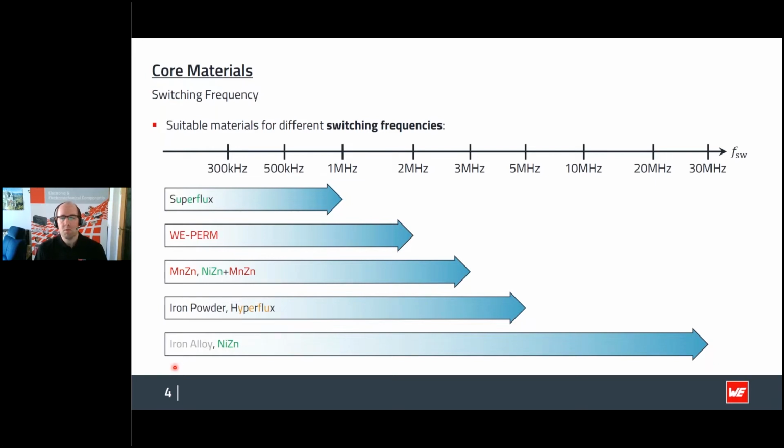With those materials, you can go really high in switching frequency. Nickel zinc also belongs to this category because, as I said, it's a very bad electrical conductor, so eddy current losses only rise at very, very high frequencies.